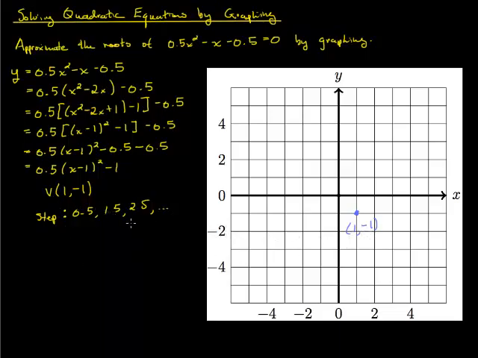Next we'll follow the step pattern. So we go over 1 up 0.5, which is this point, over 1 up 1.5, which is this coordinate, and over 1 up 2.5, which is this point right here. We can reflect all these points about the axis of symmetry, which is the vertical line passing through the vertex.